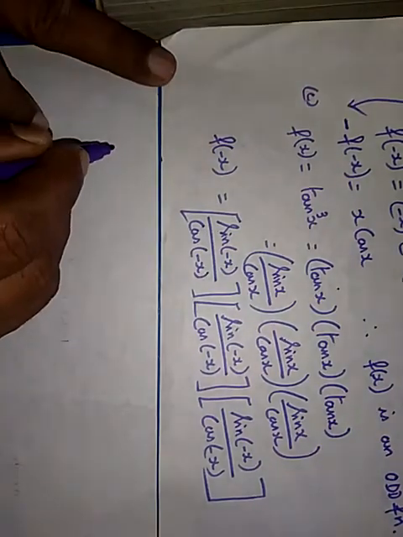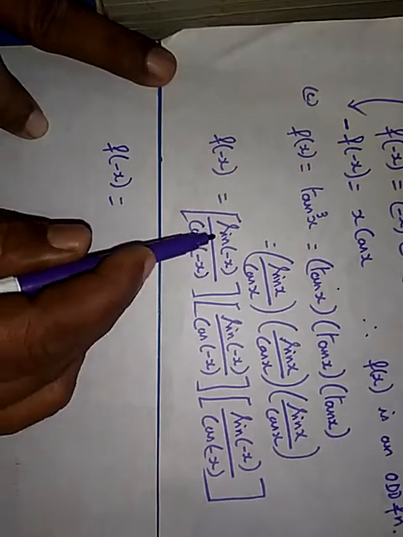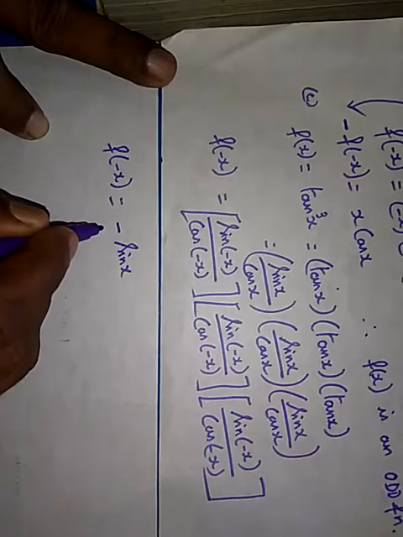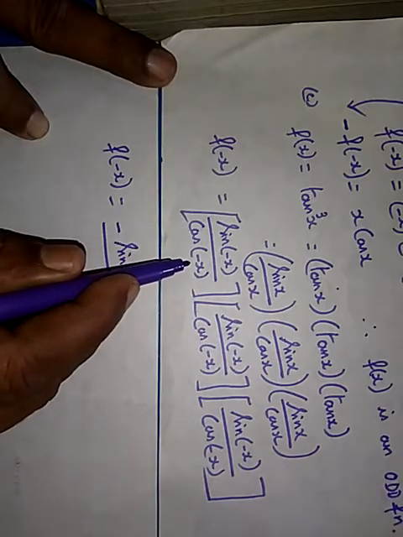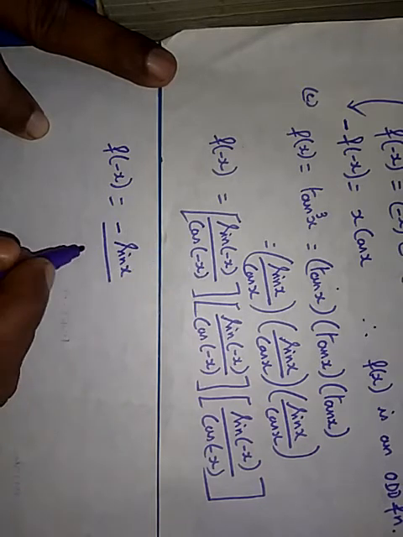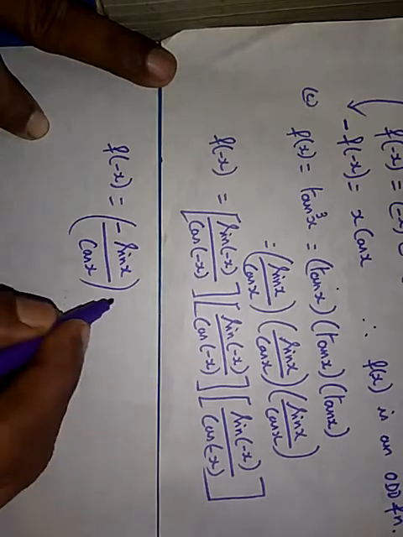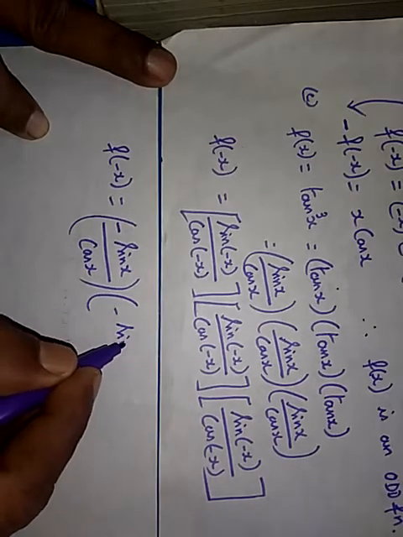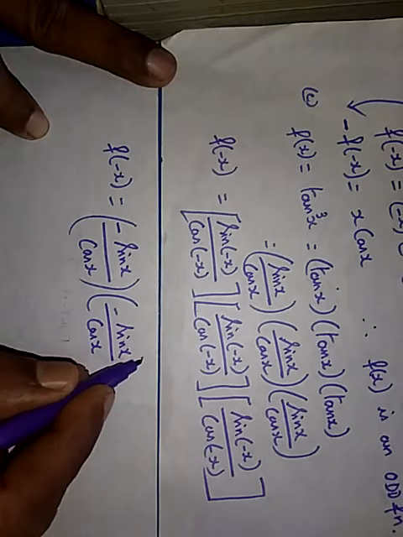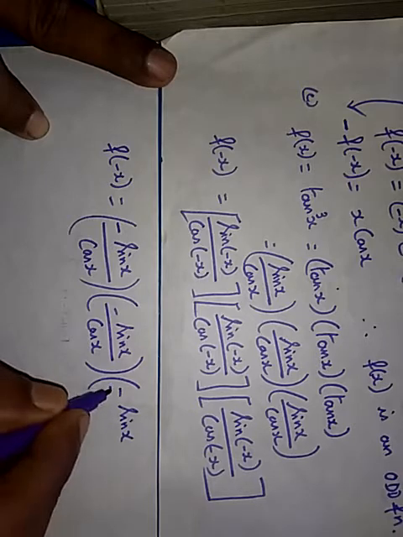If you see, f of minus x is equal to, here sine of minus x is nothing but minus sin x, whereas cos of minus x is cos x, since cos of minus theta is cos theta. Similarly the other two terms, minus sin x by cos x, minus sin x by cos x.